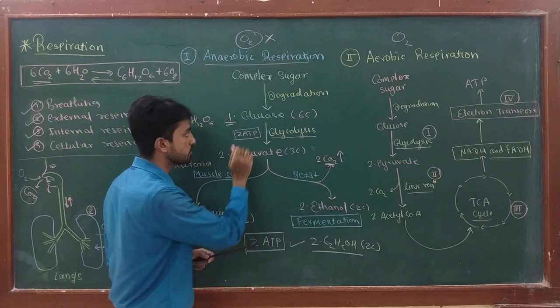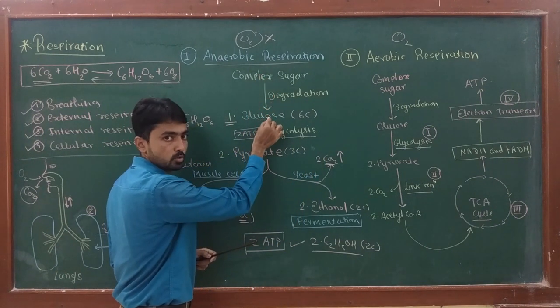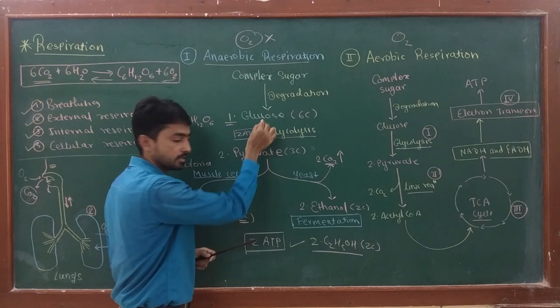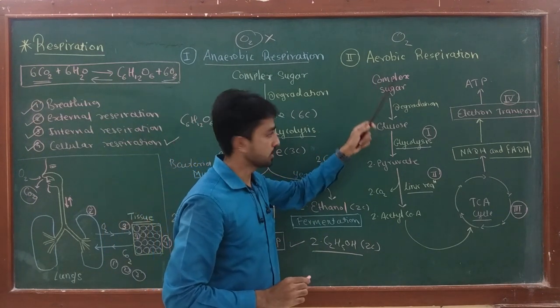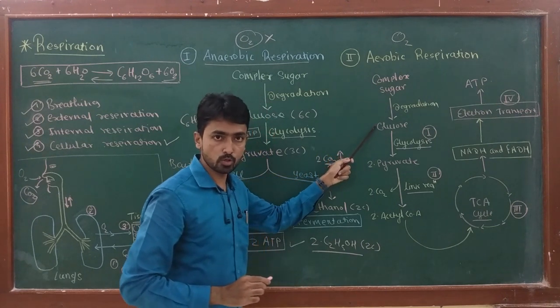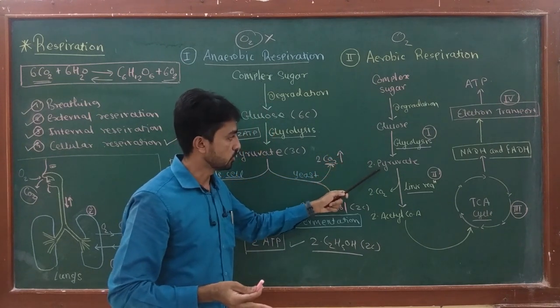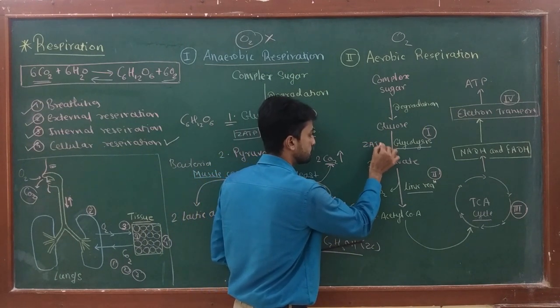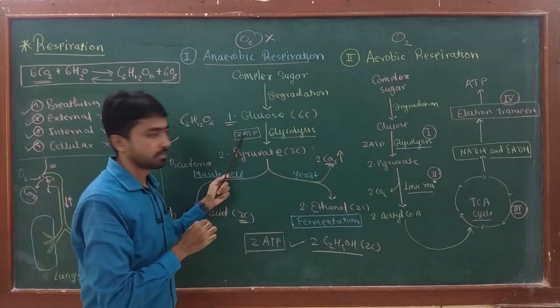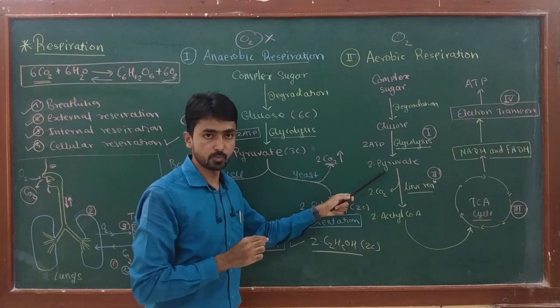In the case of anaerobic respiration, complex food converts into glucose, simple sugar, and then pyruvate or pyruvic acid. The same thing happens in aerobic respiration. Complex sugar is converted into glucose and glucose breaks down into pyruvate by glycolysis. So 2 ATPs are produced, similar to that of anaerobic respiration in the glycolysis process.